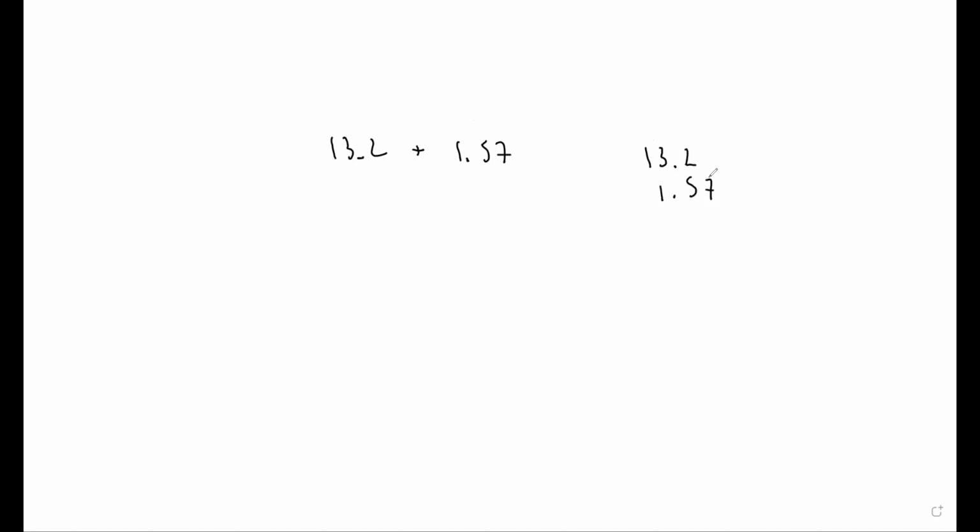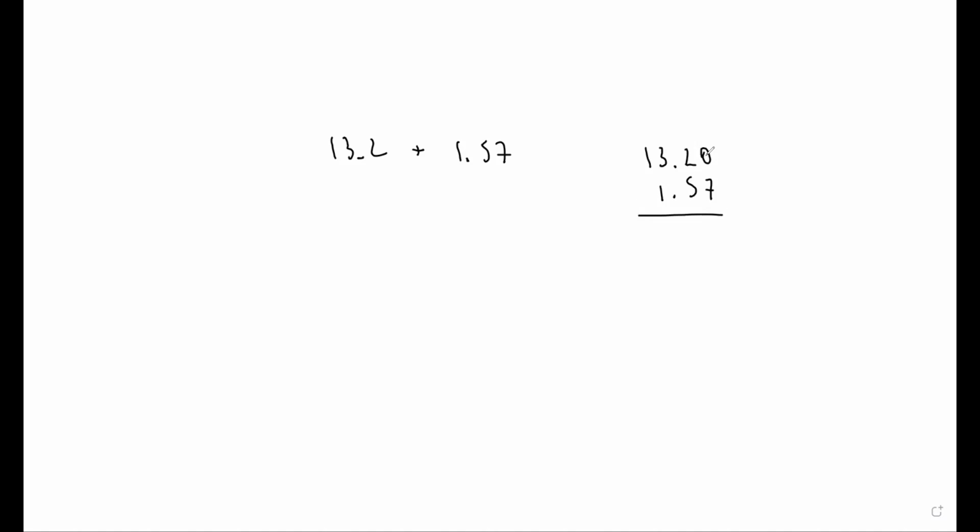Notice that what you line up is the decimal point. That's what you line up. In this case, it looks a bit weird because one goes to 1 decimal place and one goes to 2. So just add a 0 right here, and then it looks less weird. It's exactly the same as what it was, and everything is perfectly lined up, including the decimal point.